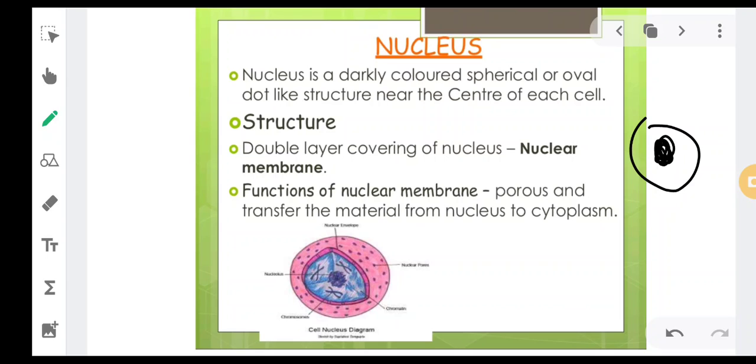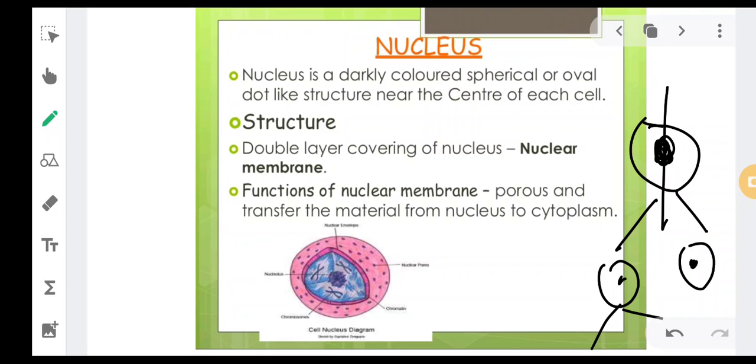Say suppose this is the nucleus. If you cut this cell, this one single cell will produce two small cells which can again replicate and make more and more cells. This is how our body is formed. Our body at the early stage was a single cell. After that, due to repeated cell division, we became a multicellular organism.